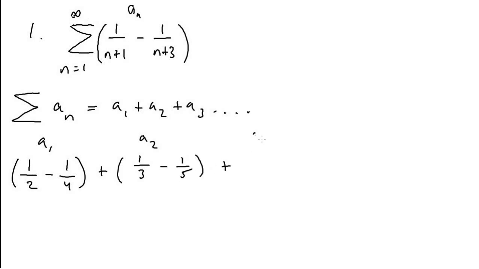Plus now our third term. When I plug in 3, I'll get 1 over 3 plus 1, which is 4, minus 1 over 3 plus 3, which is 6. And let's just plug in one more term, a sub 4. When I plug in 4 for n, we'll get 1 over 1 plus 4, which is 5, minus 1 over 4 plus 3, which is 7.